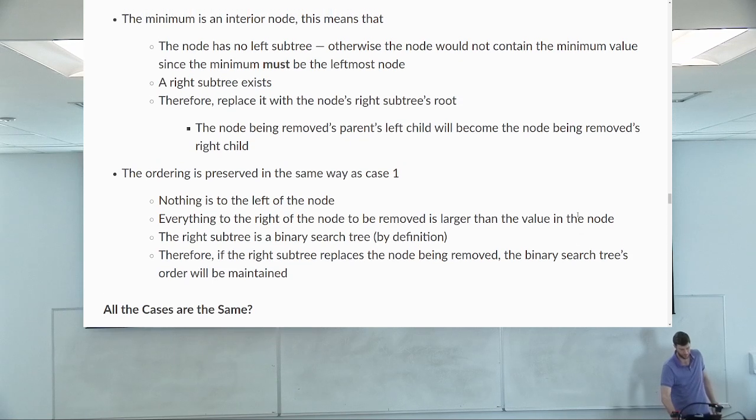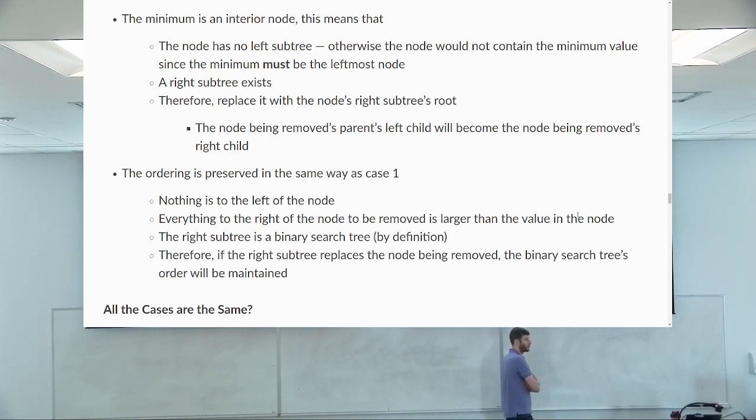Case 2, the minimum is an interior node. This means that the node has no left subtree, otherwise it wouldn't be the minimum. A right subtree exists because it's an internal node. Therefore, replace the node with the node's right subtree's root.